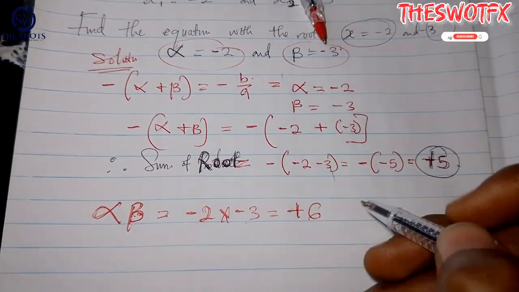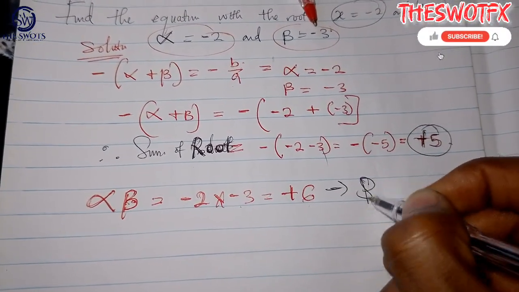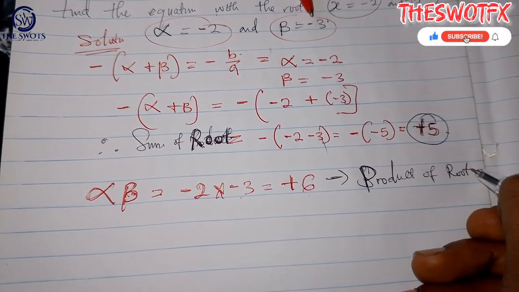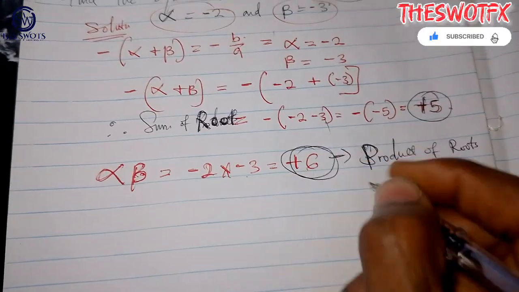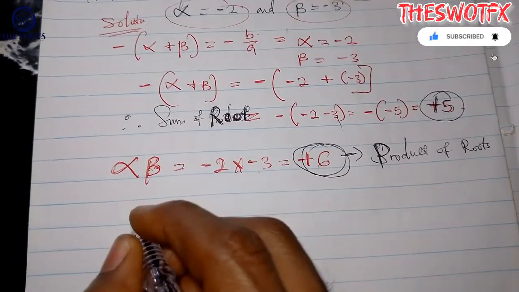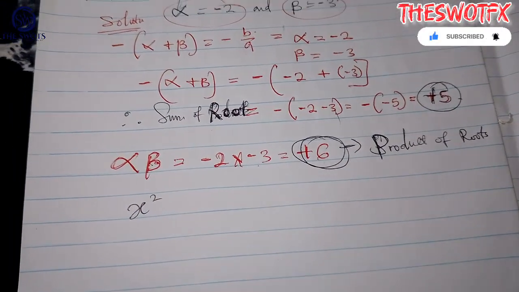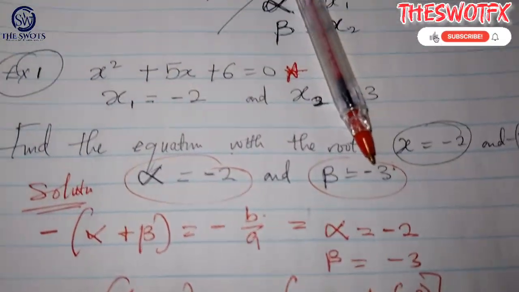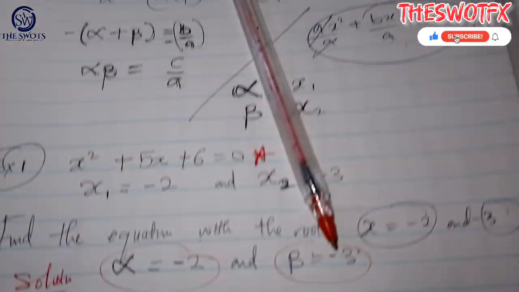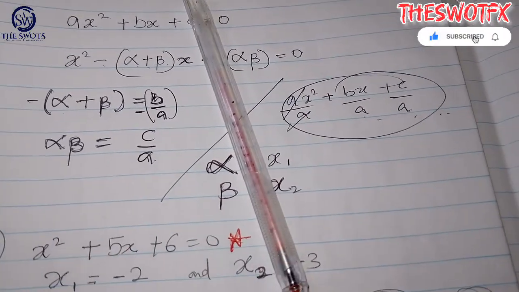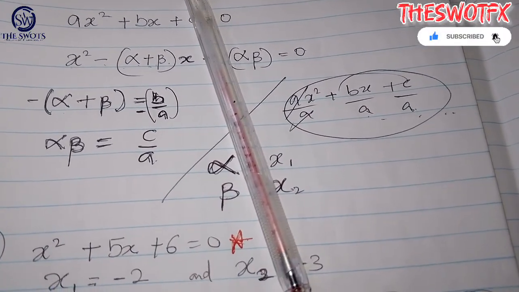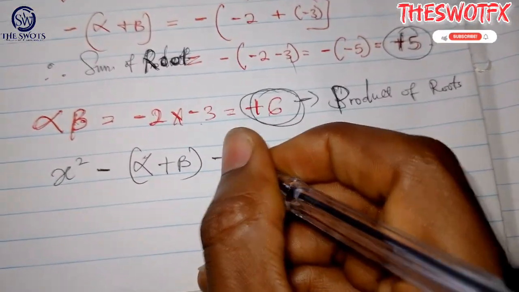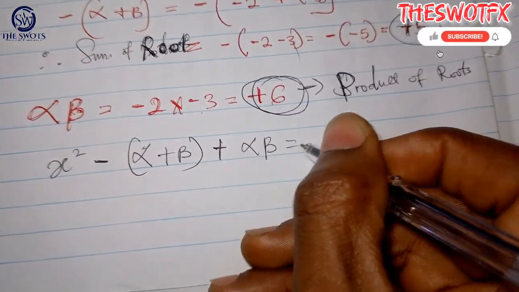So this is our product of roots. Now let's put this in our equation. Now the formula is x² minus (alpha plus beta)x plus alpha beta equals 0.